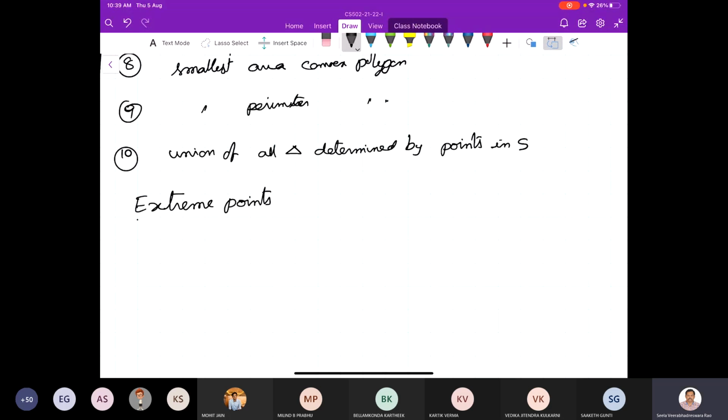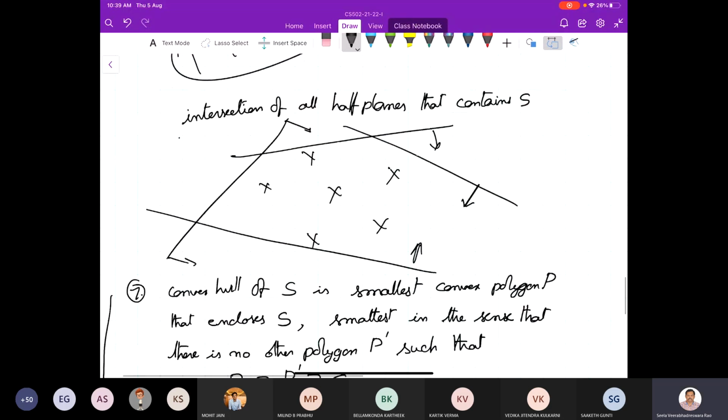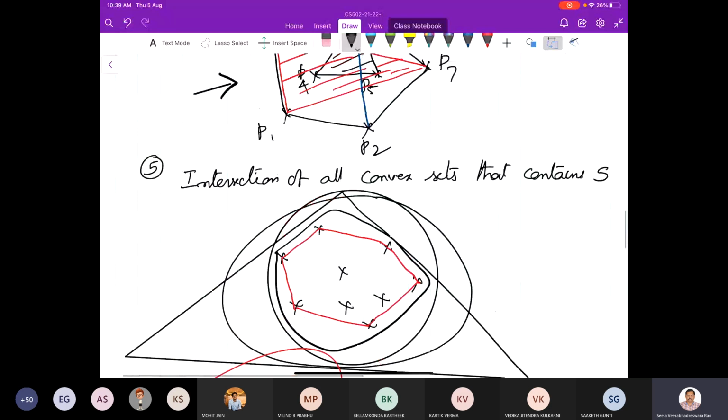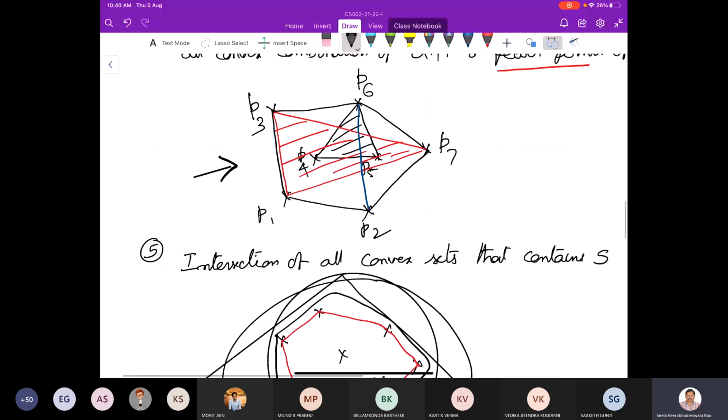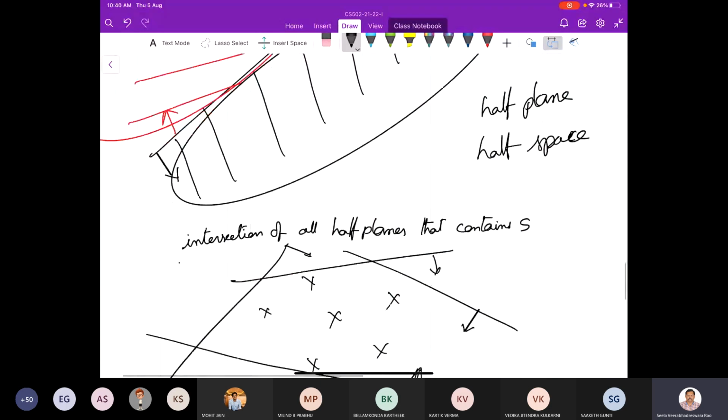How to identify these extreme points? Extreme points are P1, P2, P3, P7, P6 here. How to identify these extreme points? In other words, how to eliminate points which are inside, the non-extreme points.